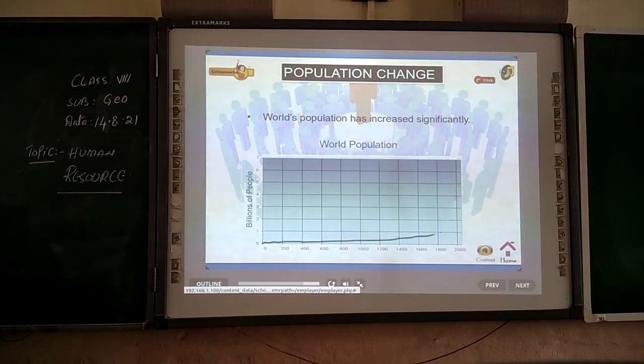Have a look at the graph showing the increase in world population, because this graph shows how the population is increasing. Let us have a look at the animation of the demographic cycle.